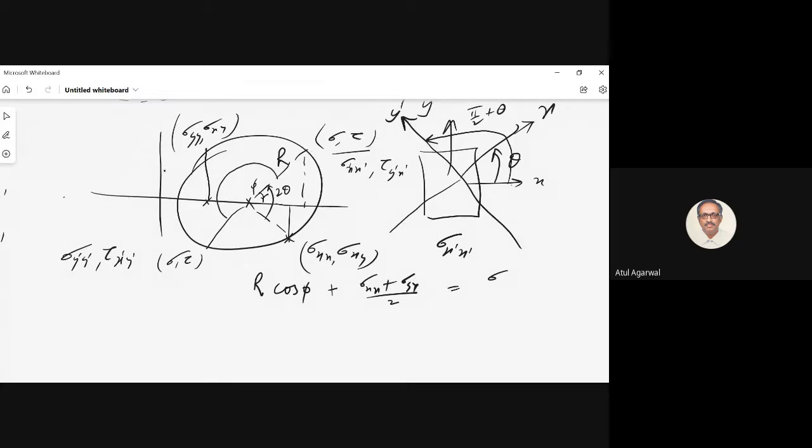Then R sin phi is equal to your tau. So these are what we are interested in finding. Only problem is how to find phi. So you have to look for another equation which connects phi and theta. So right now I'm not able to think of it. Okay.